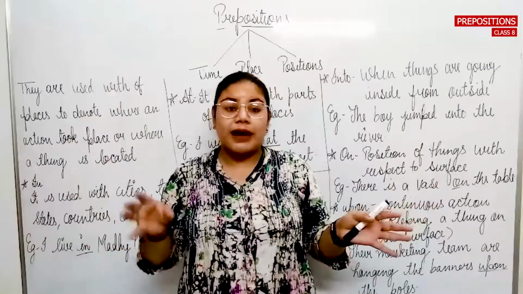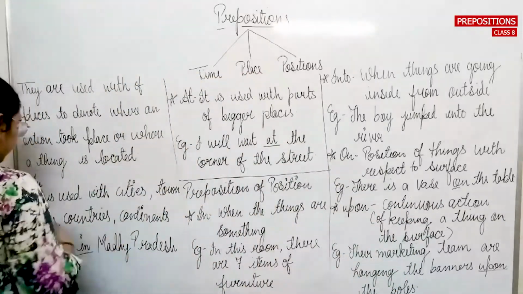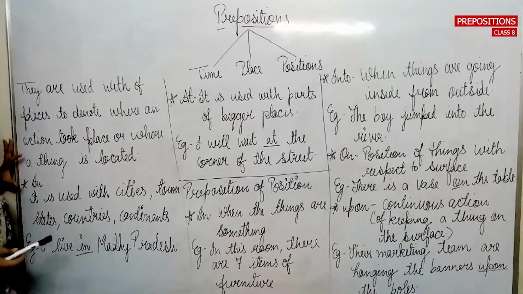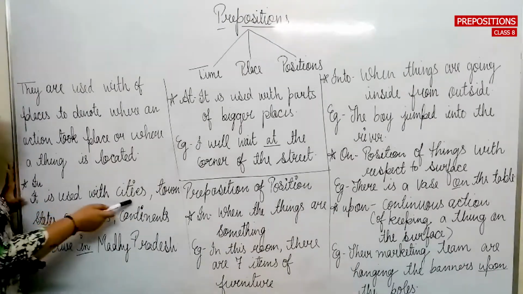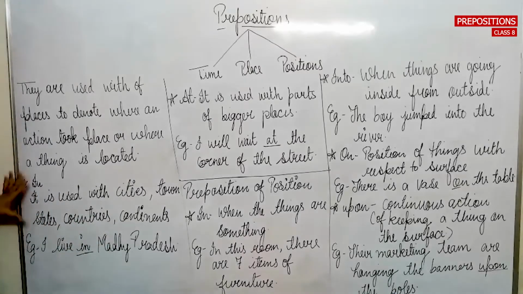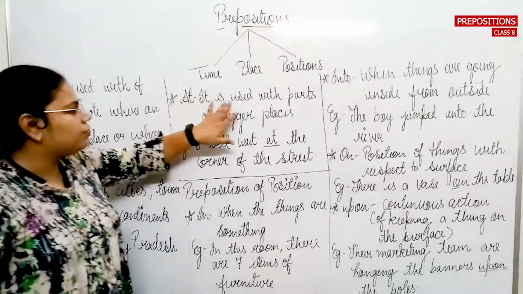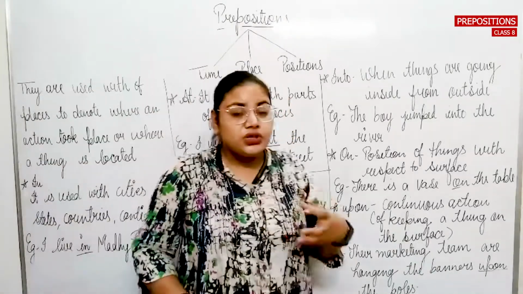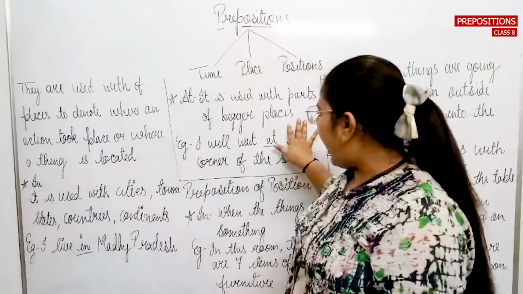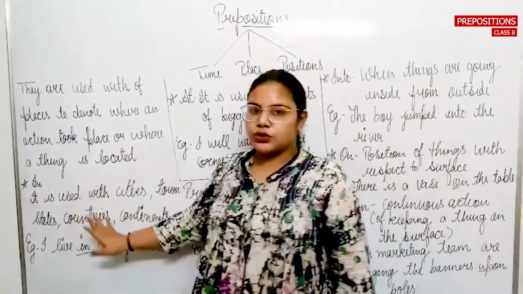I can explain with examples. So let's start with in. It is used with cities, towns, states, countries or continents. At the same time, at is also used with places, and in is also used with places.